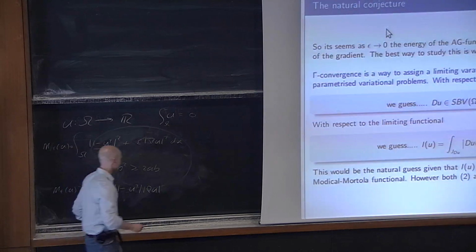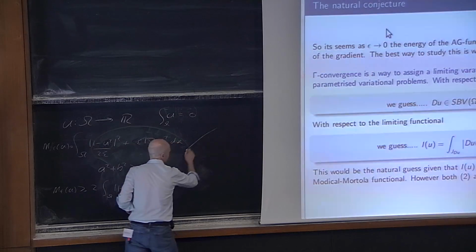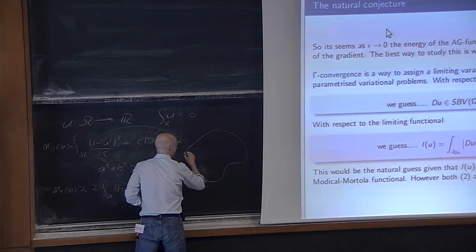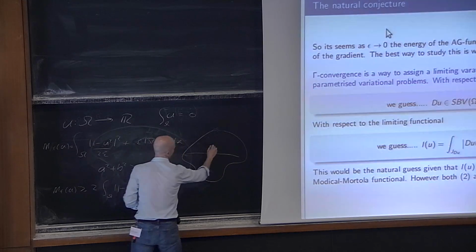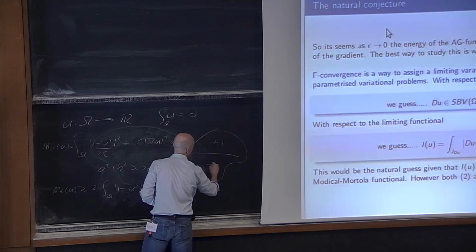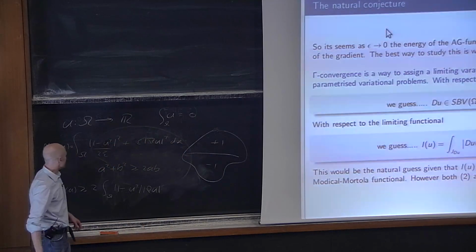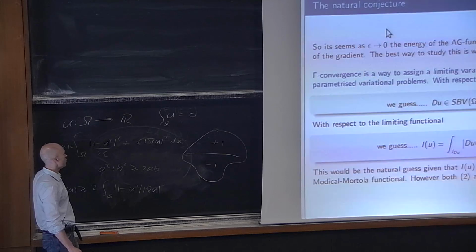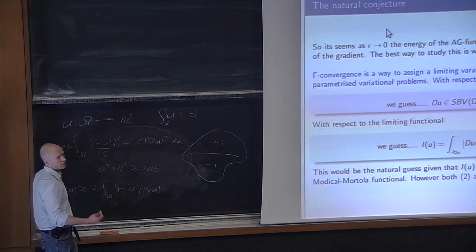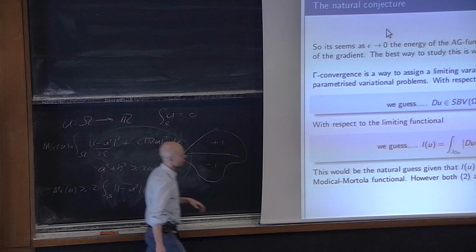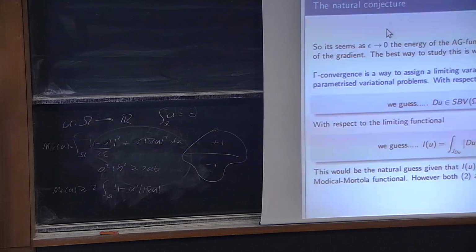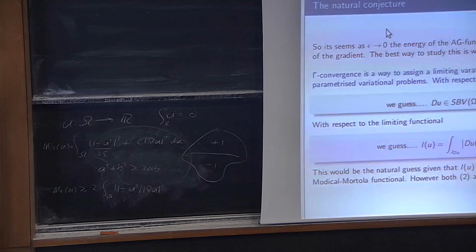Okay? Can you see this? So this is our domain. And we have half of this being roughly plus 1, and half of it being minus 1. And as we take a sequence of u_n such that the energy is finite, okay, so let me put that somewhere else. I forgot the eraser.